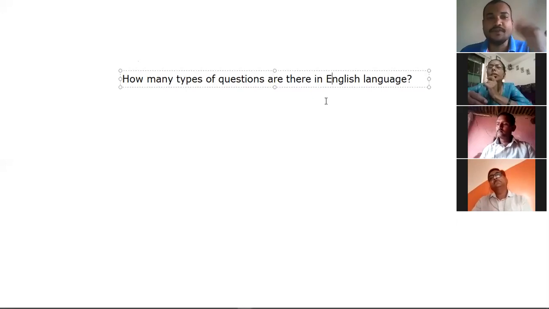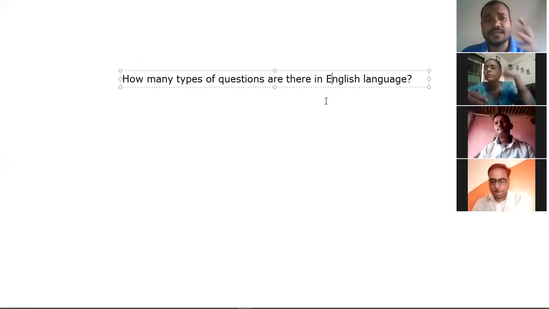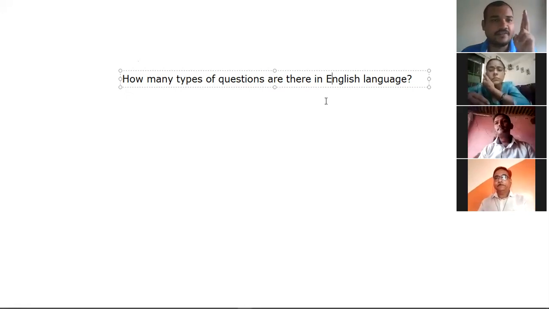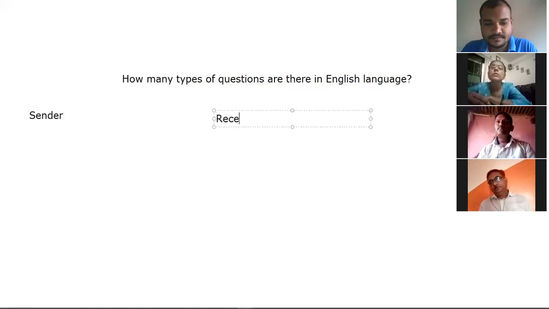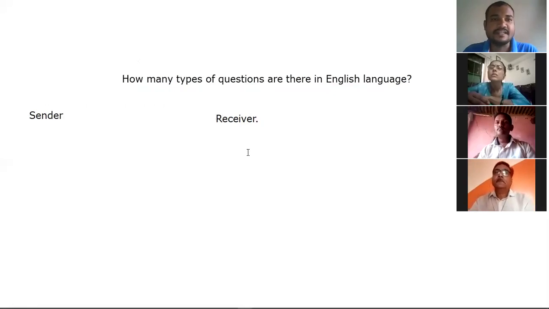Right. So before we talk about the questions, let me tell you the use of questions. If you observe any language, either English, Hindi, Urdu, Malayalam, Kannada, whatever the language, if you are talking in a language, there will be only two forms: sender and receiver.